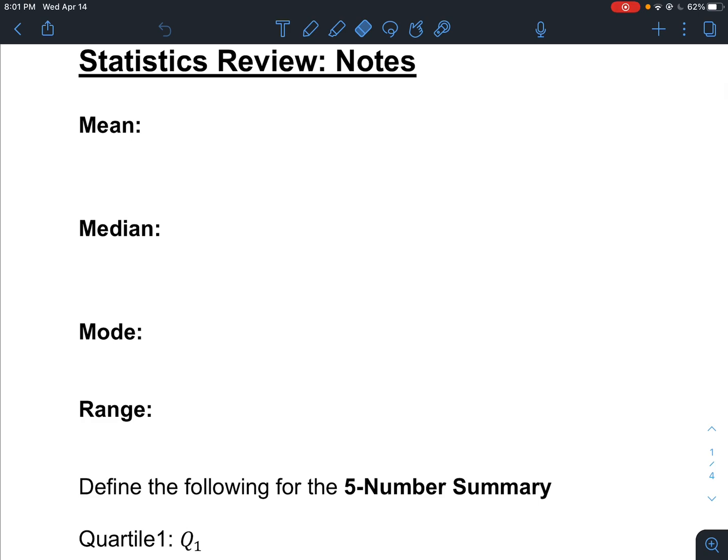So, for instance, the mean. The mean in a set of data is the average of the data. So we'll call this the average. Mean is the average number, the average of the data set.